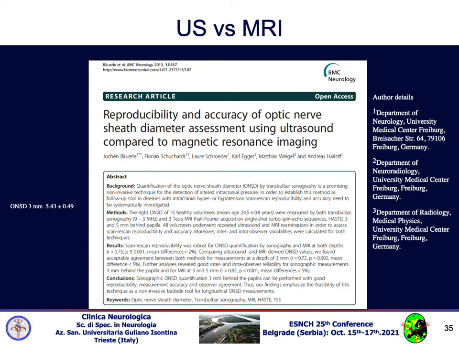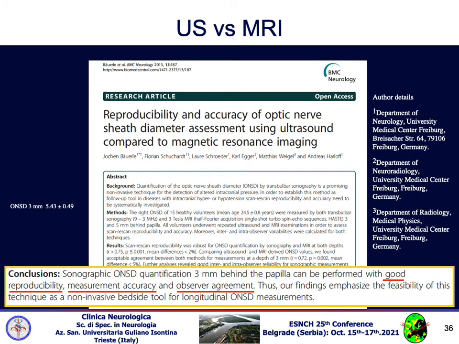Reproducibility and accuracy of the optic nerve sheath diameter assessed using ultrasound compared to magnetic resonance imaging. This is the title of this paper, and the conclusions are that this kind of tool has a good reproducibility, measurement accuracy, and inter-observer agreement.